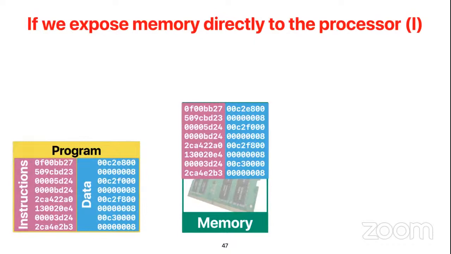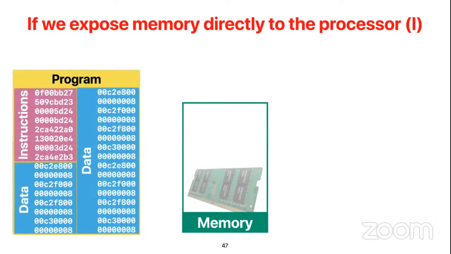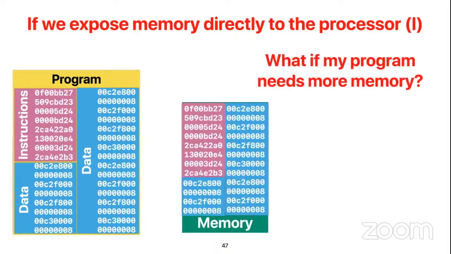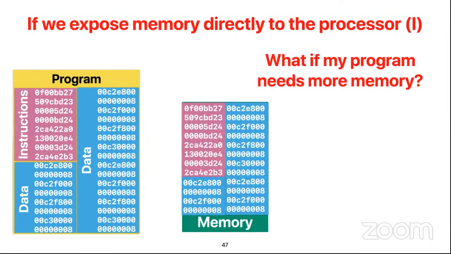However, what if a programmer develops a program that is larger than my memory? Can I still run my program correctly without additional abstraction? If I'm only allowed to directly interact with physical memory, then my program will be constrained by my physical installation of memory.